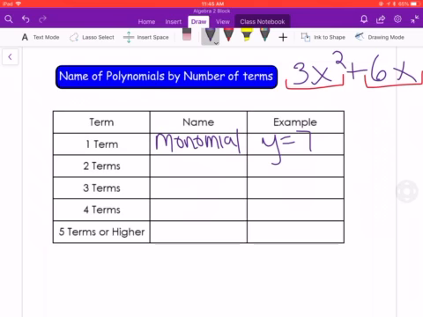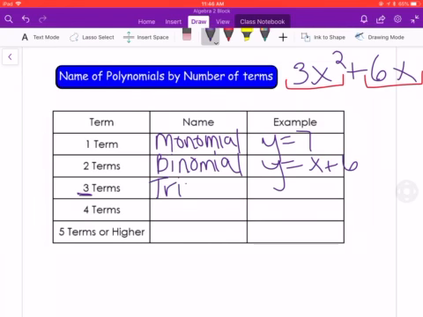Two terms, like a bicycle has two wheels, it's a binomial. Bi means two. So a binomial would be like x plus 6. X and 6 are two terms. Three, like a trike, has 3 wheels. It's a trinomial.